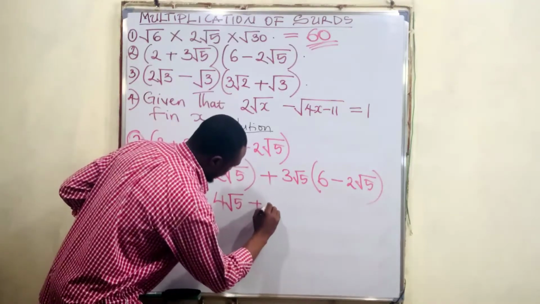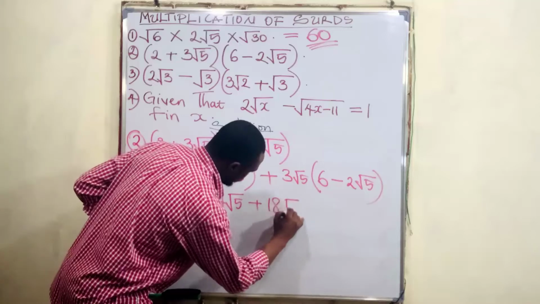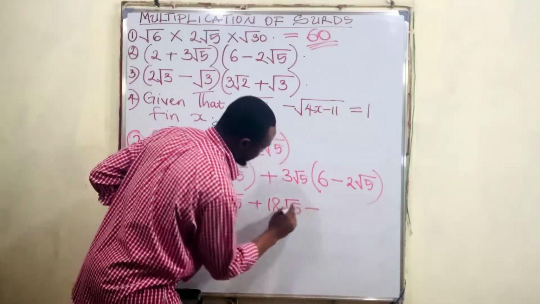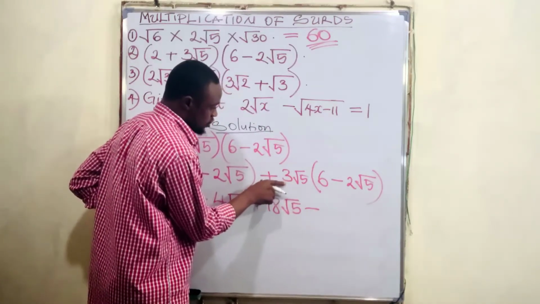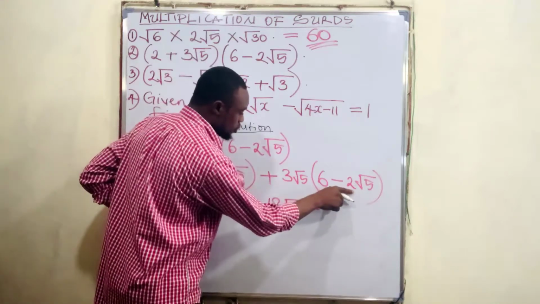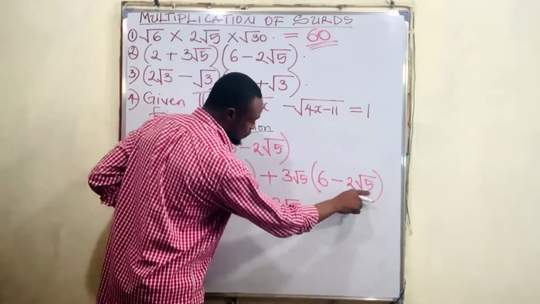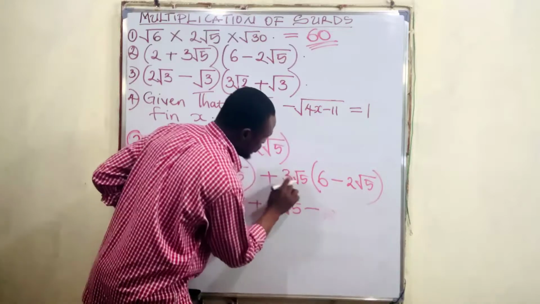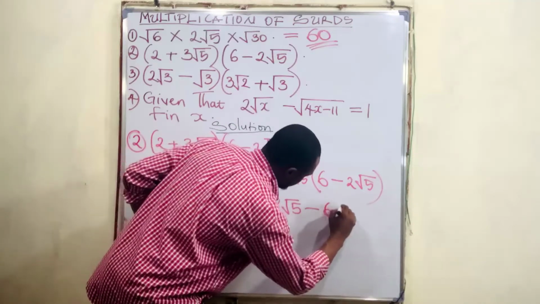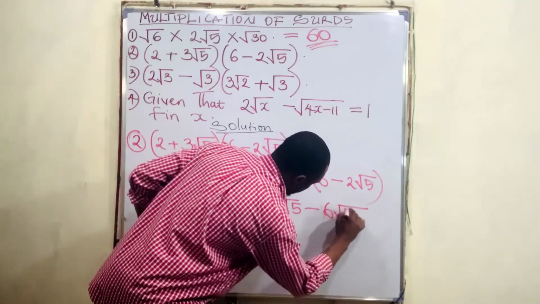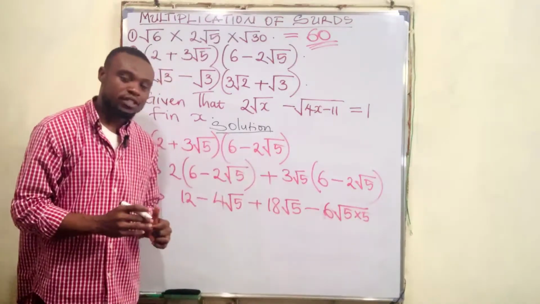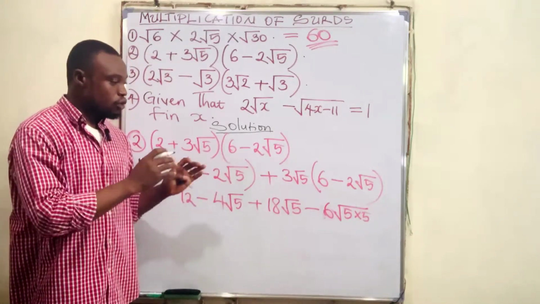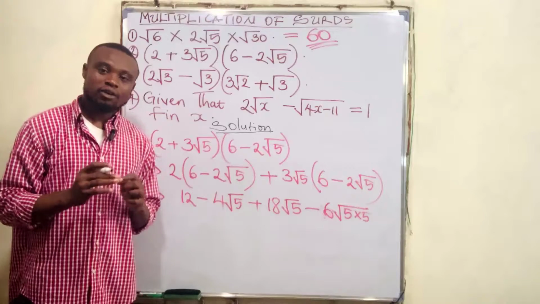We have 18 root 5 minus the 3 here multiplies this 2 here, and 5 here multiplies 5 here. That's 3 times 2, which is 6. So we have 5 times 5 inside the root, because we have a root of 5 multiplying another root of 5.